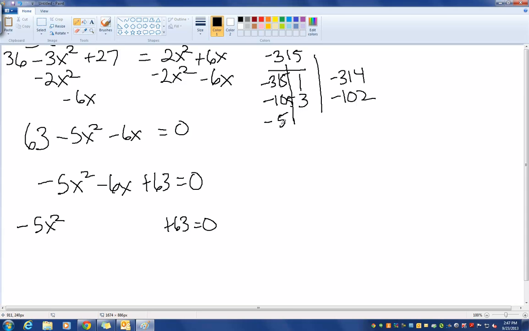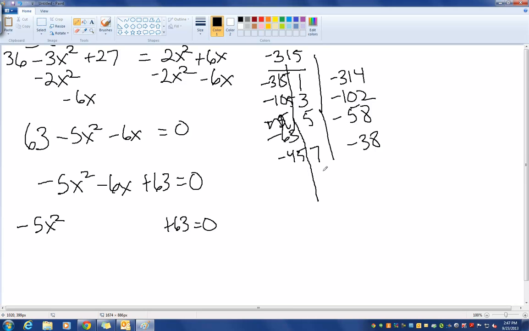Negative 5 times 63, or 5 times negative 63, will work, but again, that adds up to negative 58. Okay, how about 7? 7 does work. 315 divided by 7 ends up being 45, but it still adds up to negative 38, still too big.